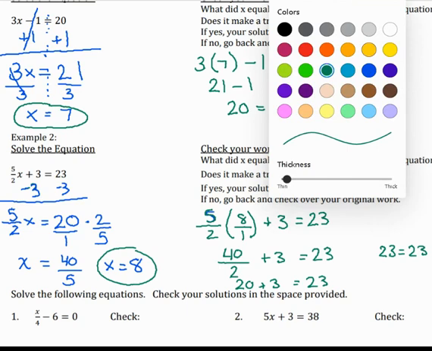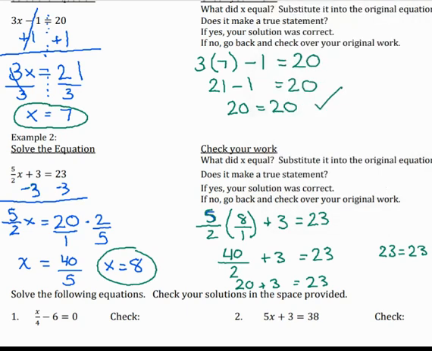Before we move on, I want to show you guys an example of where checking does not work so that you know if an answer was wrong. Let's pretend, so don't copy anything I'm about to do, but let's pretend here we said x equals 10. So just look at the orange. If I said x equals 10, in my check I would have 5 over 2 times 10 plus 3 equals 23. And I would simplify that. That would give me 50 over 2 plus 3 equals 23.